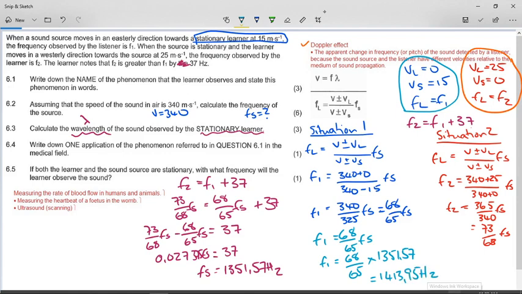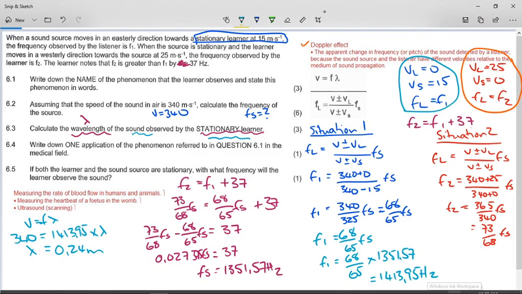So because it says to calculate the wavelength of the sound observed by the stationary listener, you first have to calculate the frequency of the sound heard by the stationary listener, and then you can go V equals F lambda. The velocity is 340, and this is 1413,95 hertz times lambda, and this gives you a lambda of 0.240461, which rounds off to 2 decimal places to 0.24 meters.